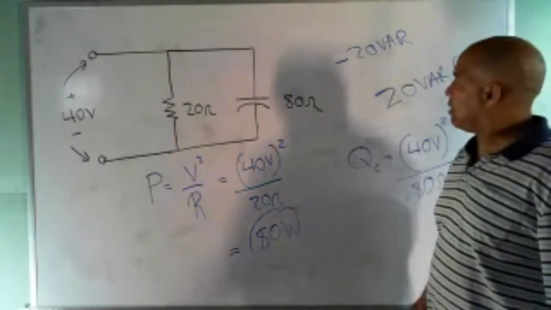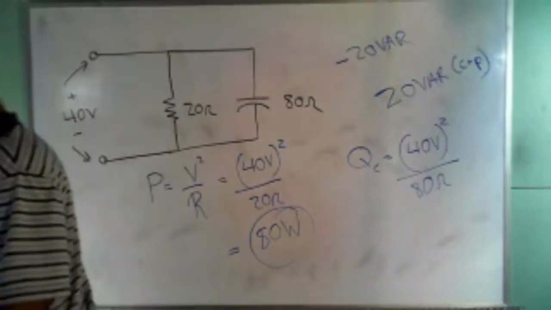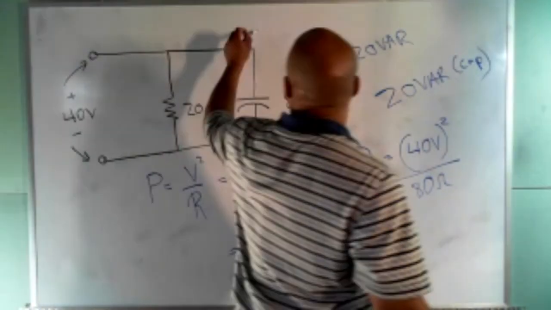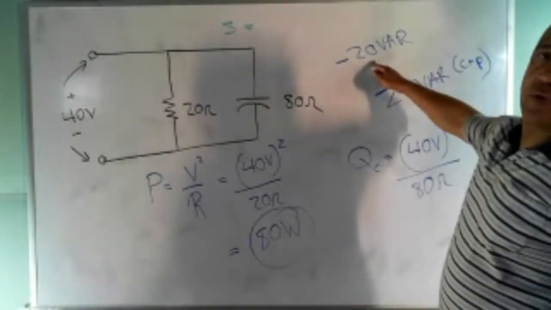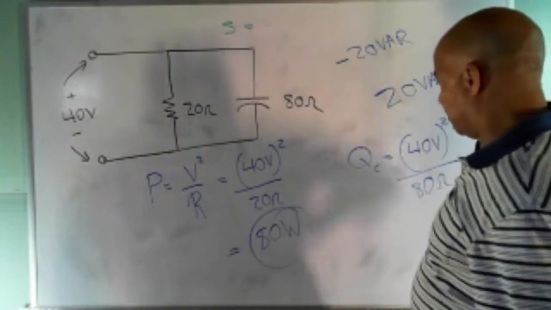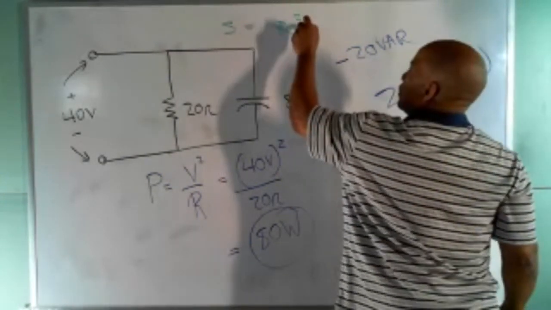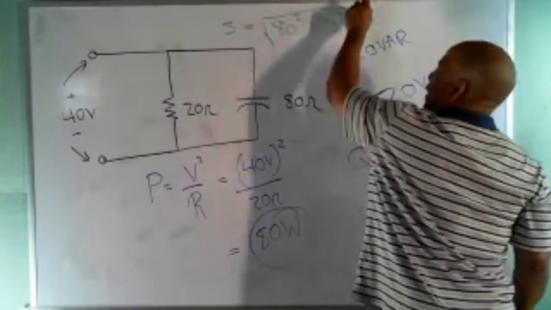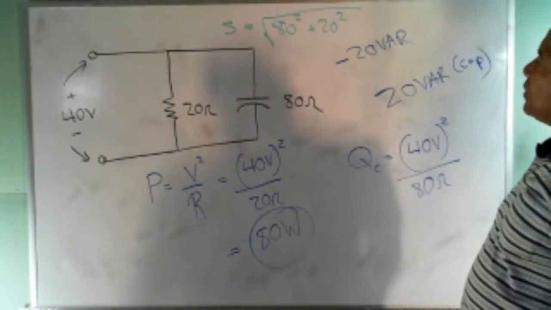So that was easy. Oh, we got to get S. I said I wanted S too. Let's get S real quick. Now when I do S, I don't have to take into account that that's negative. I can just use the 20. I'm not really concerned about negative or positiveness there.